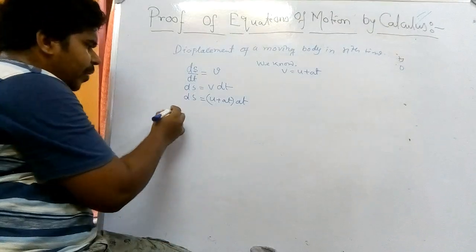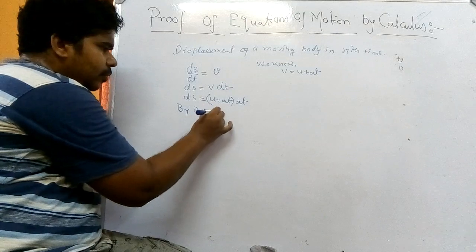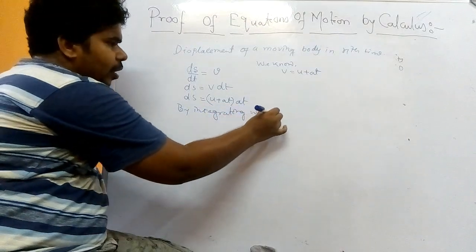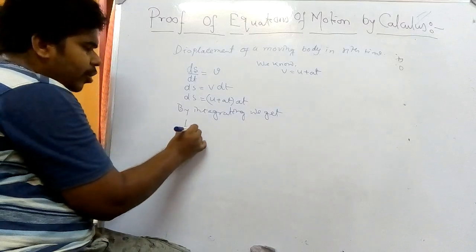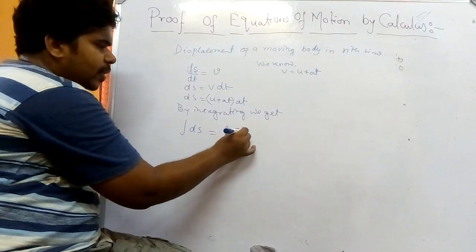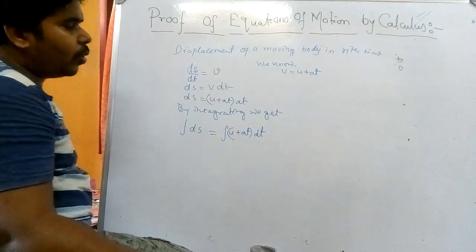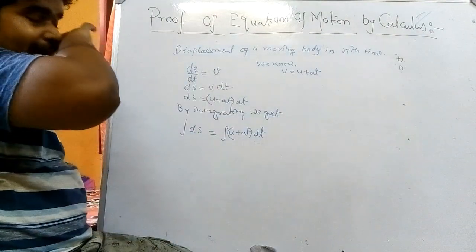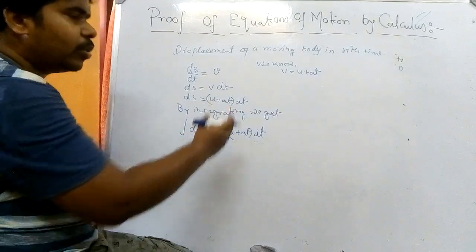So let's see, by integrating we get, now there is a problem: integration of ds equals integration of u plus at into dt. Now the limit. Initially, we took the limit from 0 to s and time 0 to t.